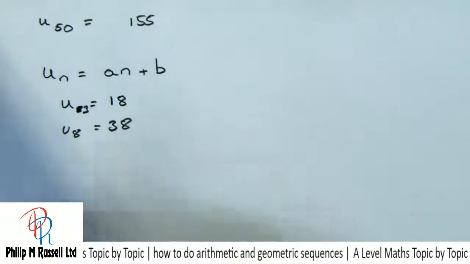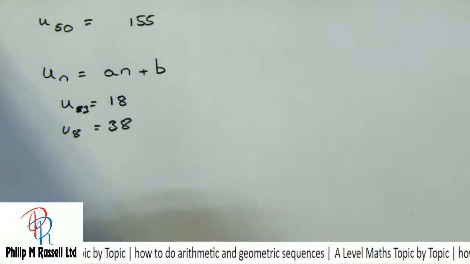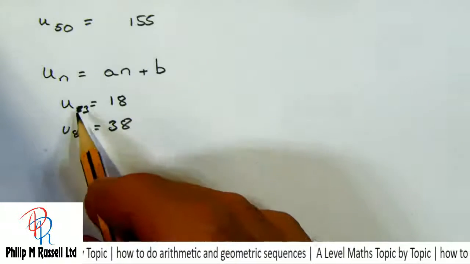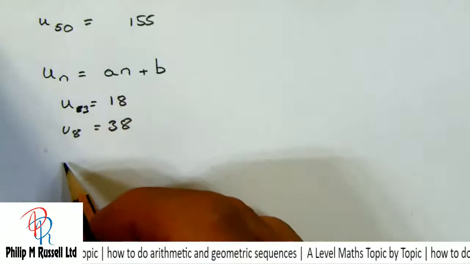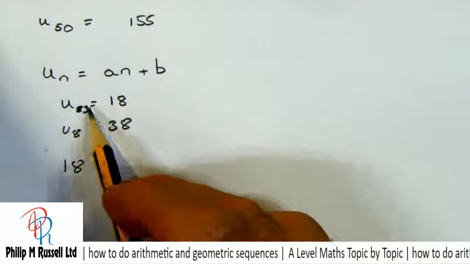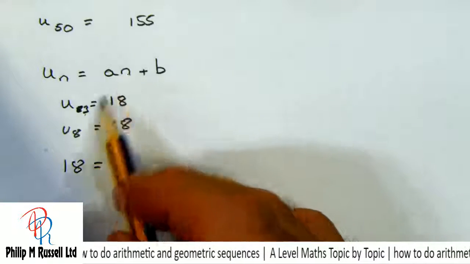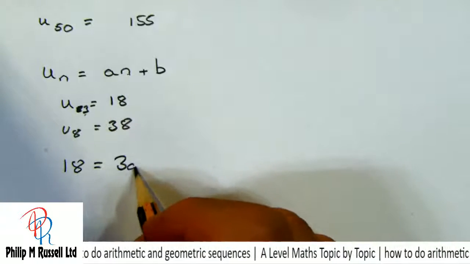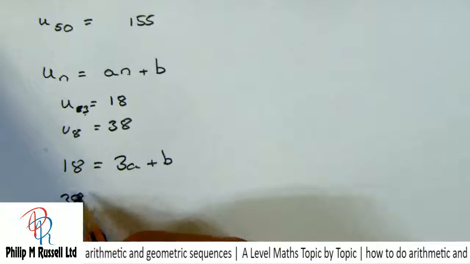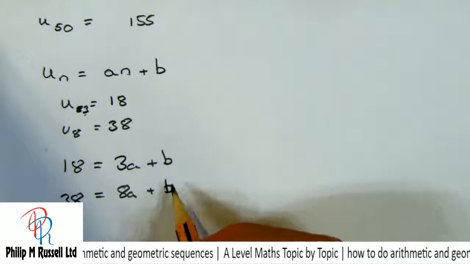And we're asked to work out what we've got. Well, we've got an easy way of doing this. Because we know it's the 3rd term, 18 equals 3a plus b, and we know that 38 is 8a plus b.